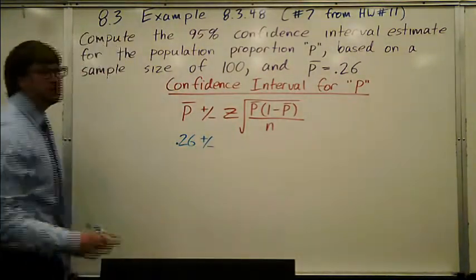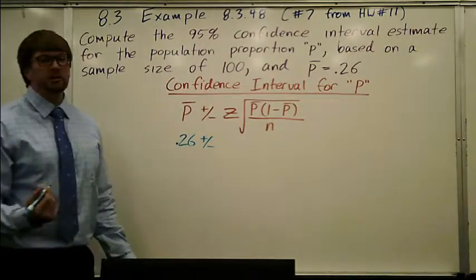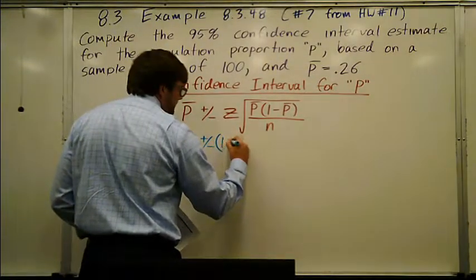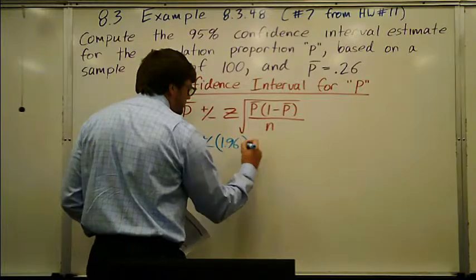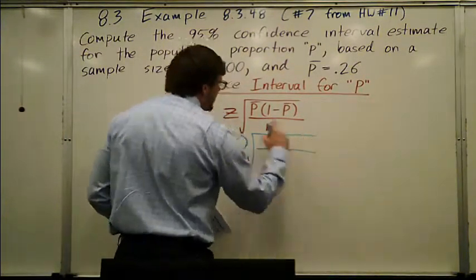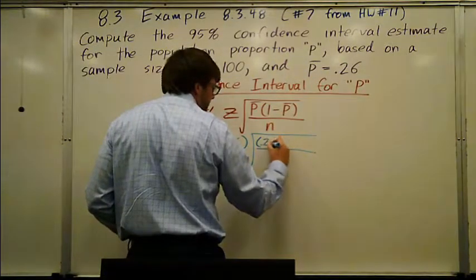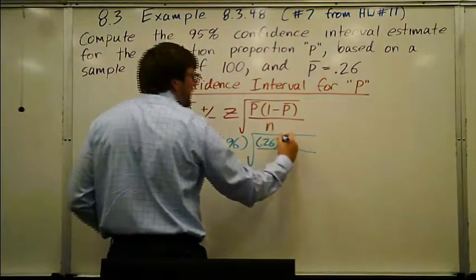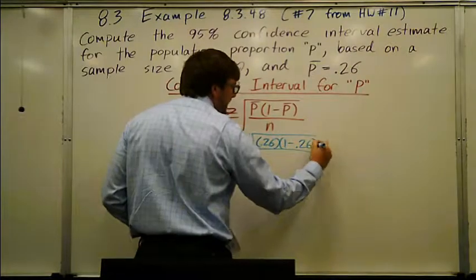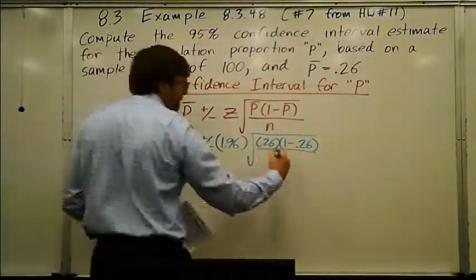Now our z-value is always based on our confidence level. If we want a 95% confidence interval, our z-value would be 1.96. Then that's all multiplied by the square root of p hat, 0.26, multiplied by 1 minus 0.26, all divided by the sample size, which is 100.